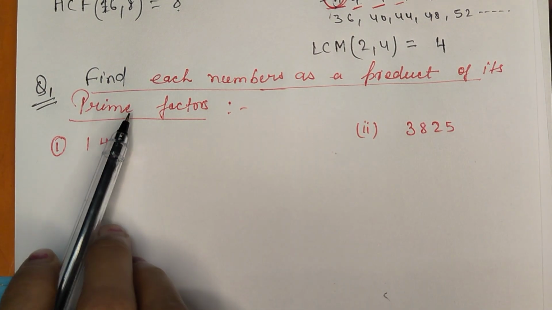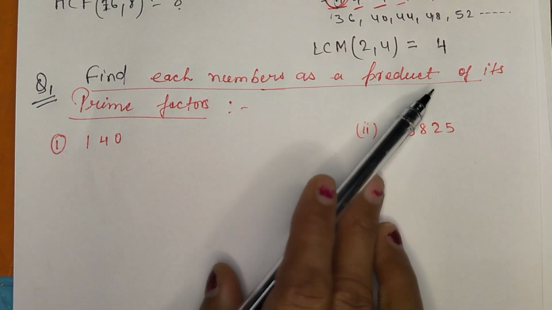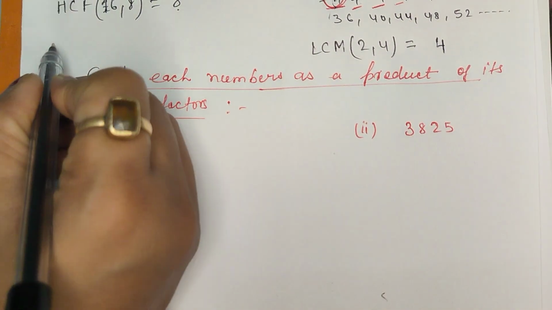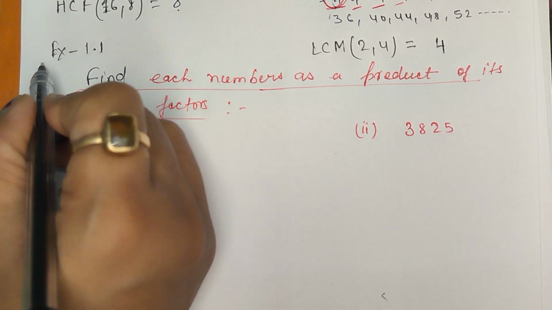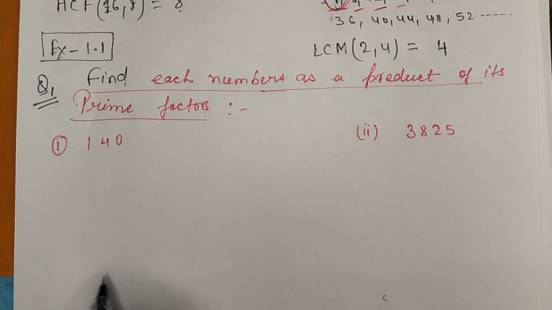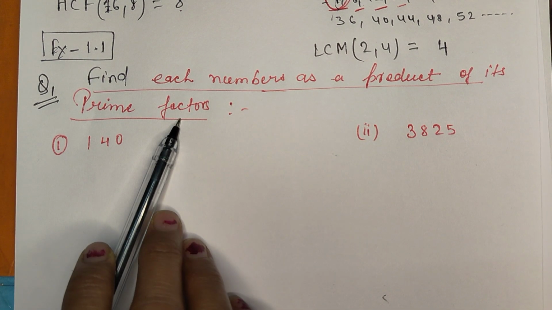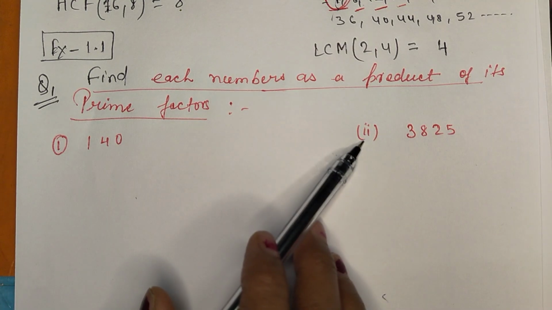We can see here a question: find each number as a product of its prime factors. This is the question of Exercise 1.1 NCERT. How to find the prime factors of these numbers?